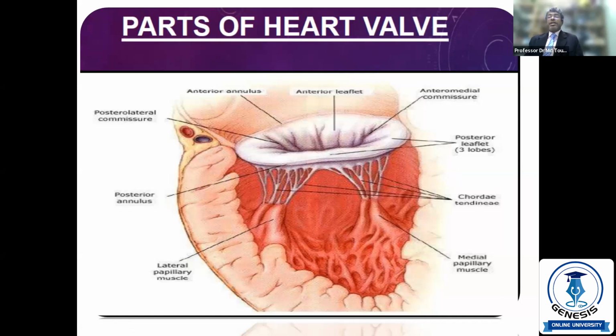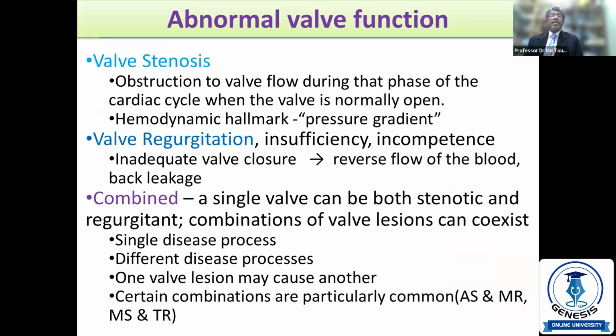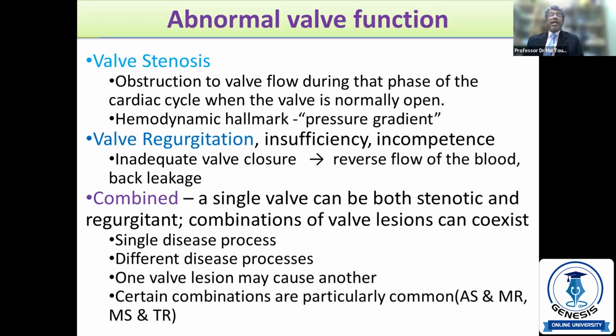So these are the parts of a valve, as well as the annulus. We may see a stenotic type of lesion, where there is reduction of the valvular area, and there may be valvular regurgitation, a leaking of the valve, or there may be combined lesions, a stenotic lesion as well as a regurgitation lesion.